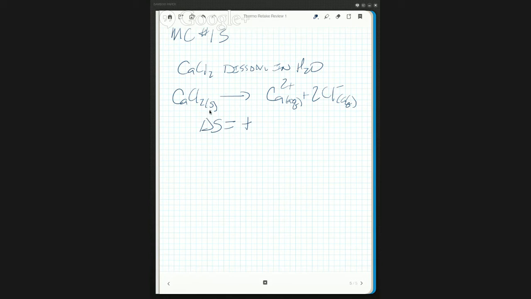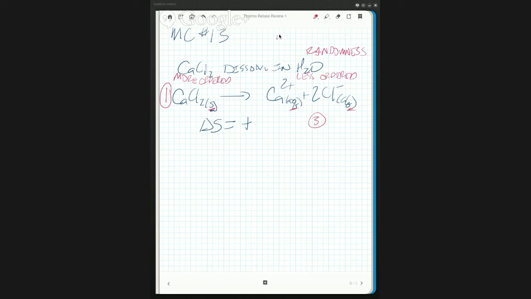We've gone from a solid to aqueous. We went from 1 molecule to 3 molecules. These are definite signs of going from more ordered to less ordered. You've increased the randomness.